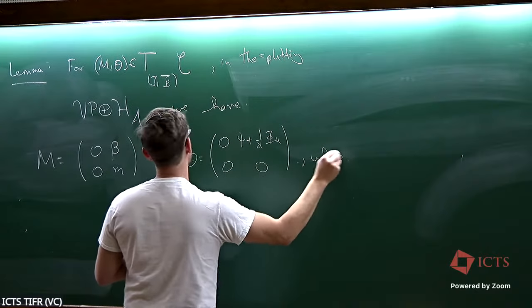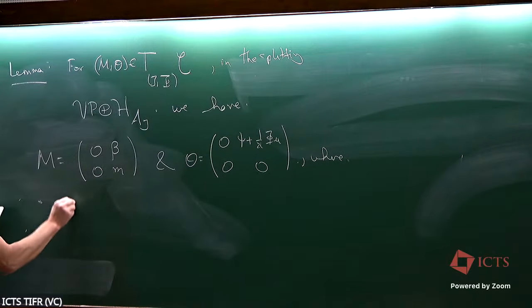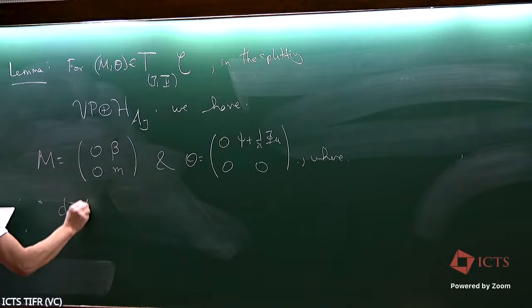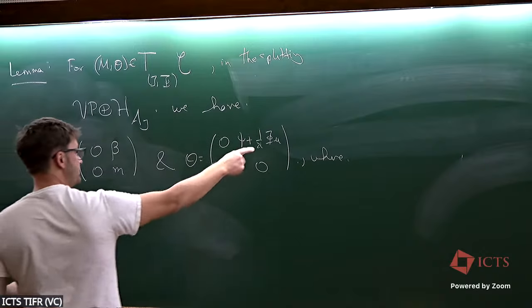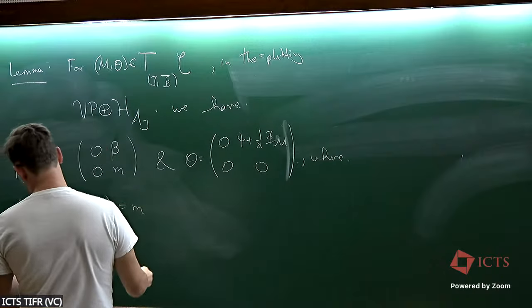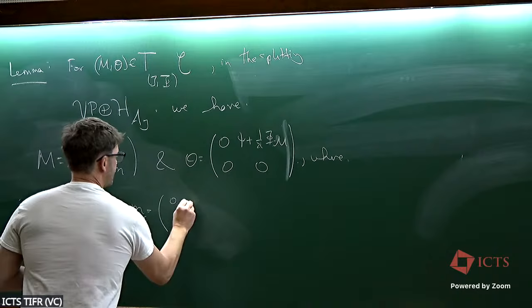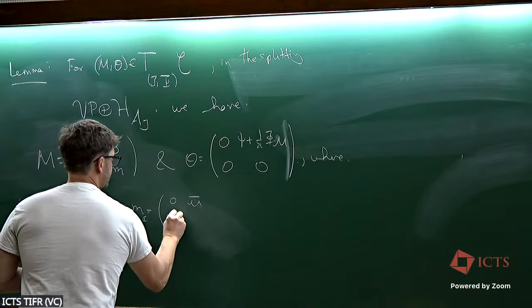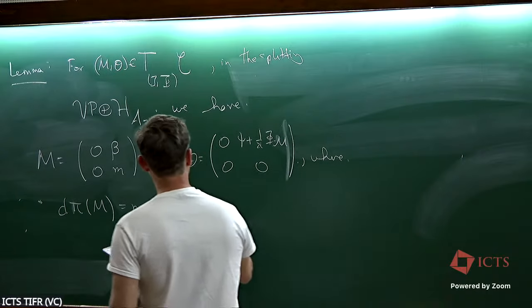Where, well, what are these objects? Well, what is little m? Little m is the image of big M under the projection map. And this mu over here is related to little m. So little m, if I complexify it, looks like this. It's an endomorphism of the complexified tangent bundle.